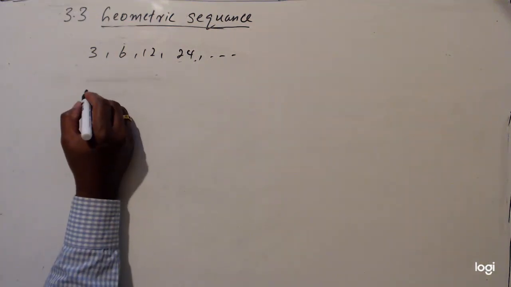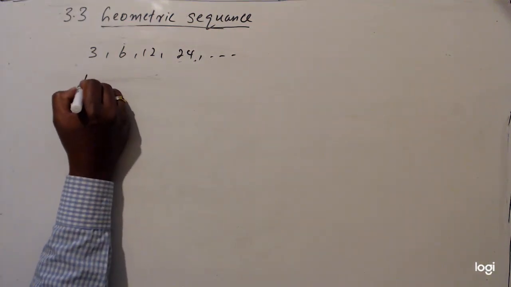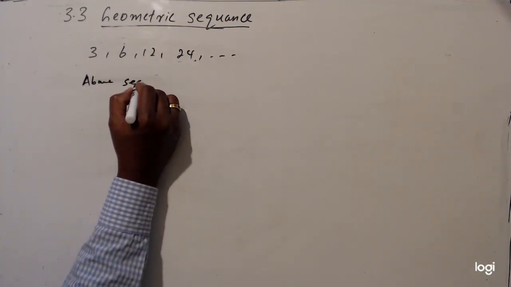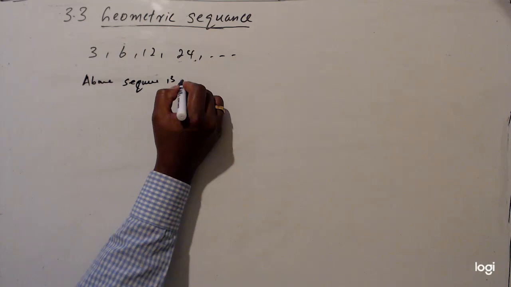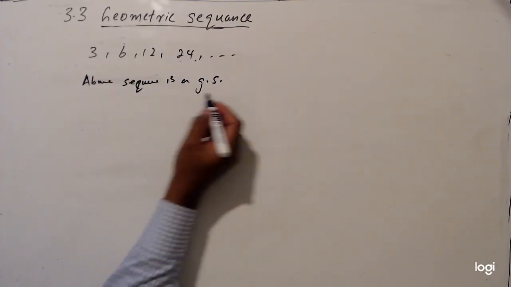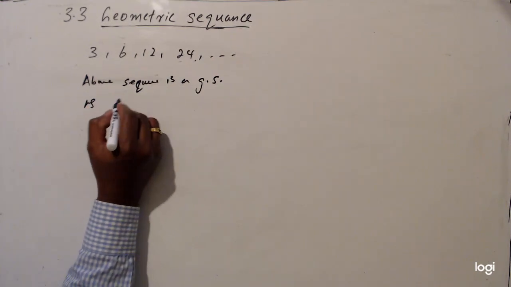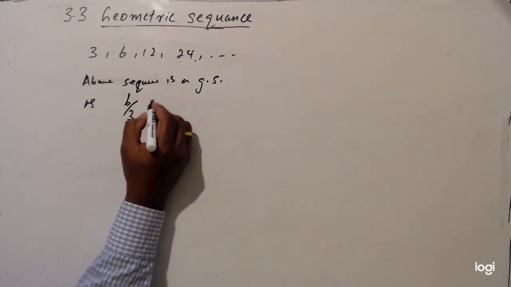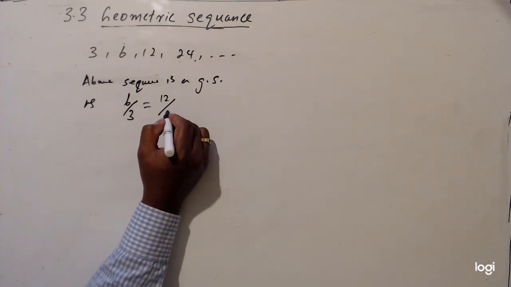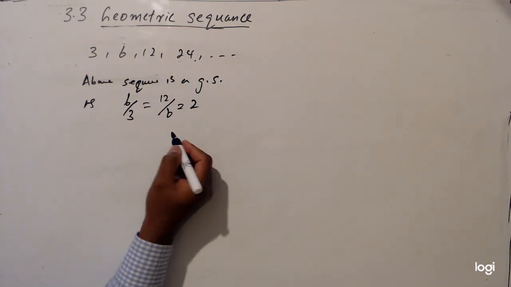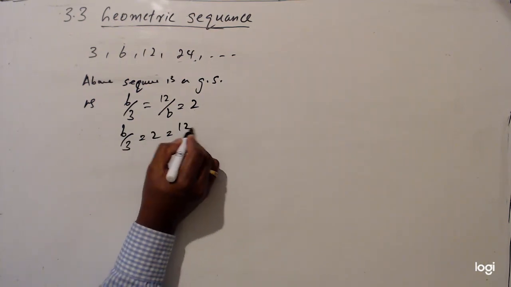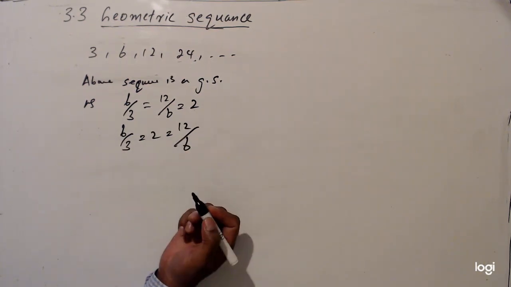Let's write: the above sequence is a geometric sequence as 6 divided by 3 equals 12 divided by 6.